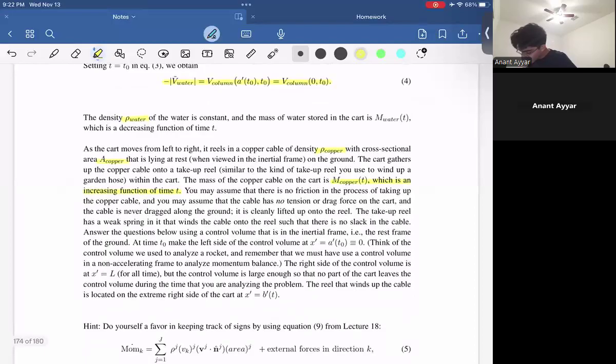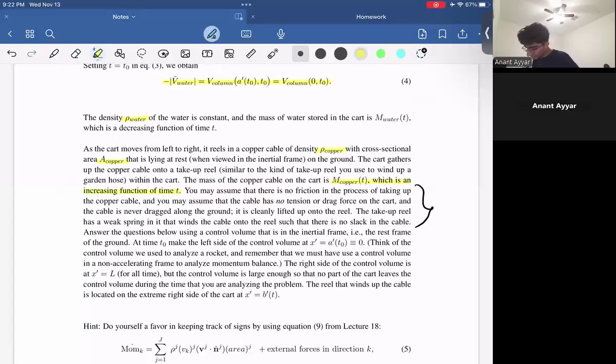The rest of this paragraph is all just different assumptions. You don't have to think about a lot of things related to the mass of the copper. Just know that it's stationary outside of the cart and it's adding mass to the cart.